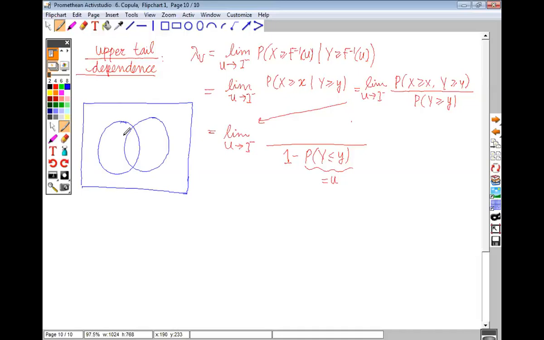So let us say that this circle corresponds to the probability that my x is less than x, and this circle corresponds to the probability that my y is less than or equal to y. So this region is something where both of these are true, right?